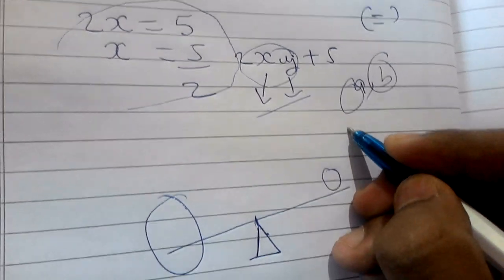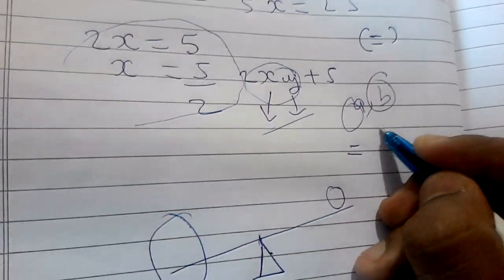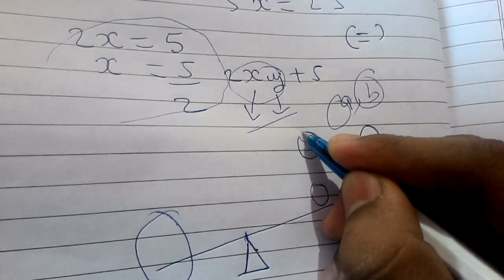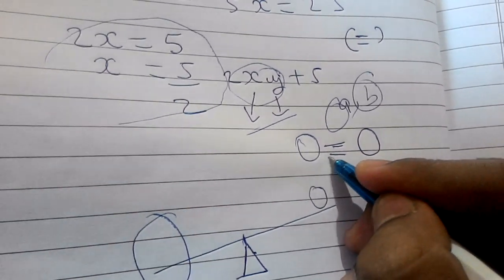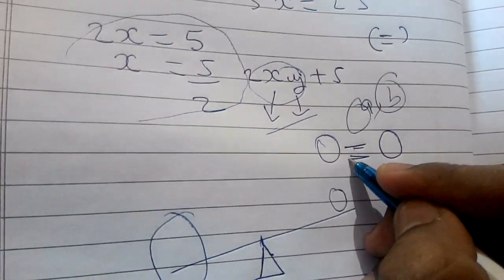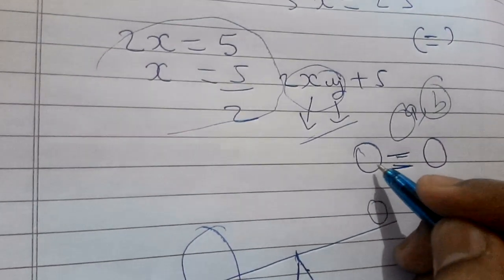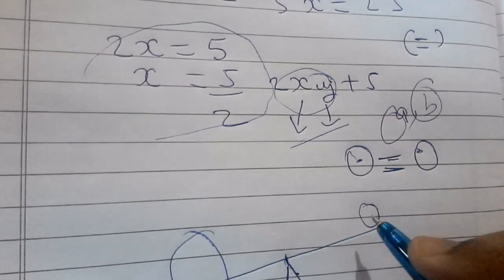We all know that in an equation we have to make this part and this part equal. This is our main target in an equation. For solving any equation we have to make this side and this side equal.